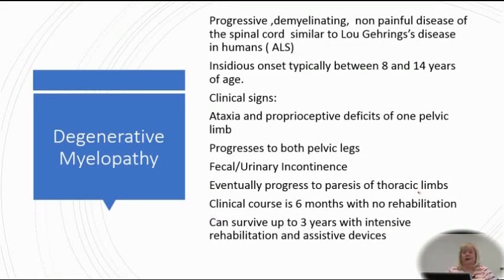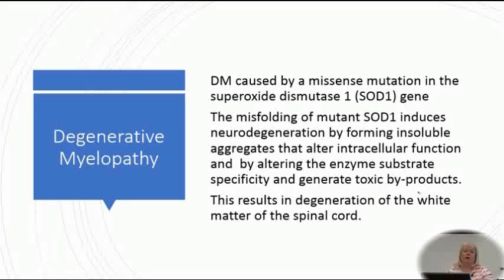Well, it is a missense mutation in the superoxide dismutase 1, the SOD1 gene. So it's really a misfolding of the mutant SOD1. It induces neurodegeneration by forming these insoluble aggregates. And these aggregates alter intracellular function, and they alter the enzyme substrate specificity.